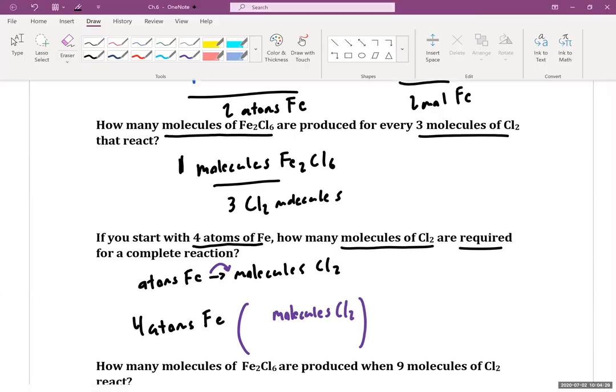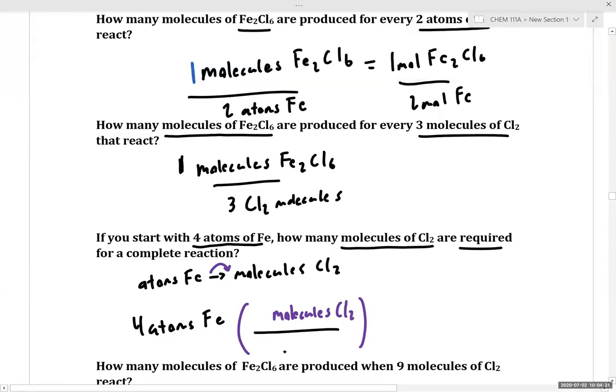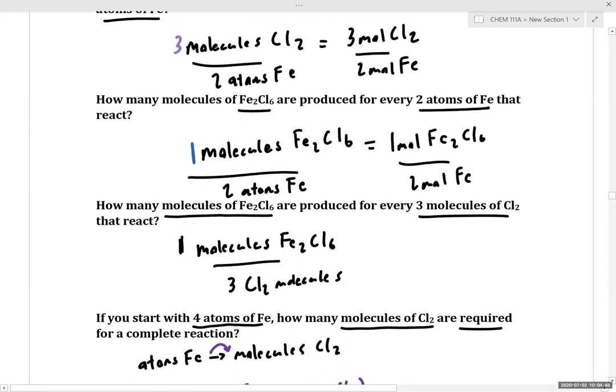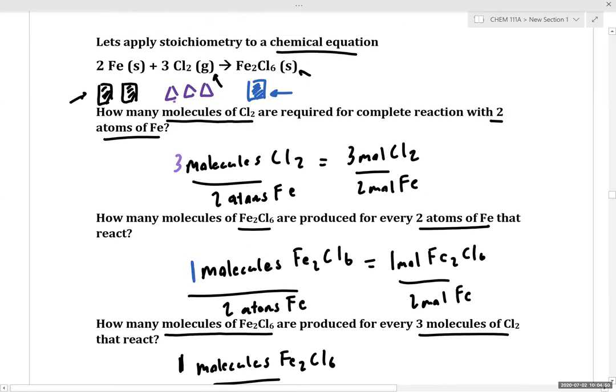In order to cancel, atoms of iron needs to be on the bottom of our stoichiometric ratio. Would someone looking at the chemical equation like to tell me what is the ratio of chlorine to iron?